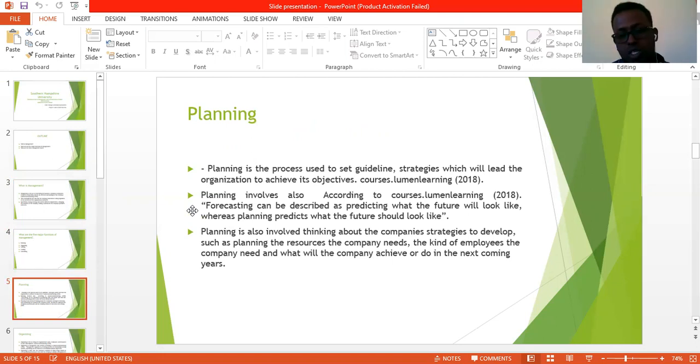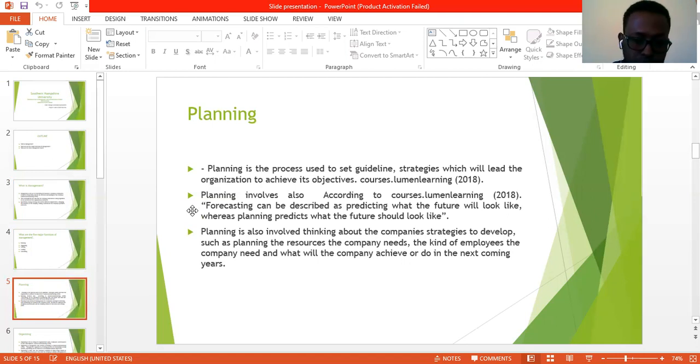So planning is the process used to set guidelines and strategies which will lead the organization to achieve its objectives. Planning also involves, according to Course Element 2018, forecasting, which can be described as predicting what the future will look like, where planning predicts what the future should be for that company.